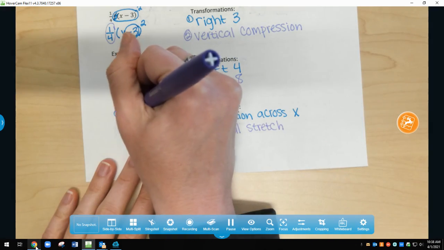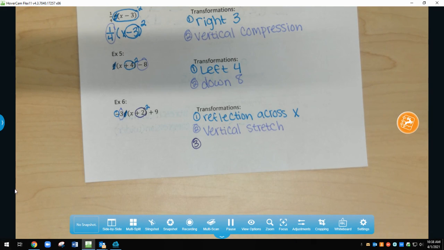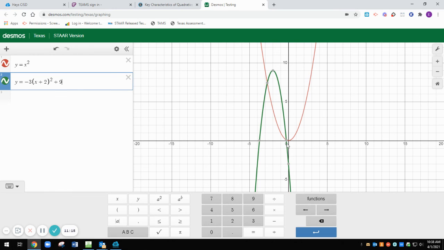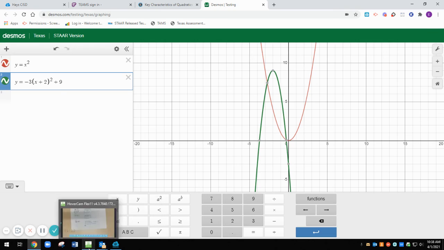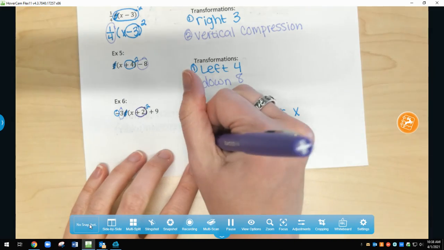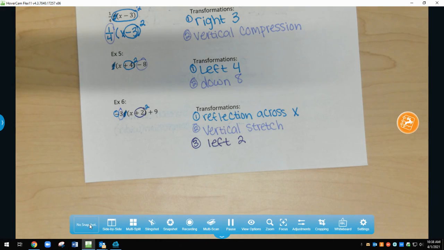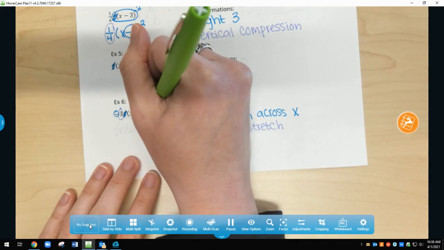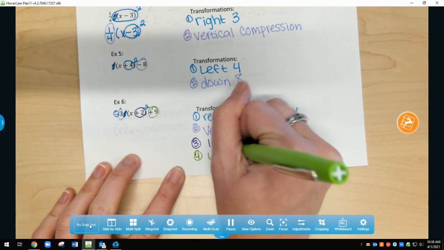Okay, then this plus 2, if we look, it moved to the left 2. And then the plus 9 moved it up 9.